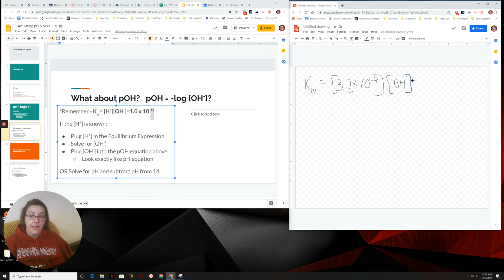Sorry guys, this is really hard to write with a mouse. Equals 1.0 times 10 to the negative 14. Okay, so there is my equation.